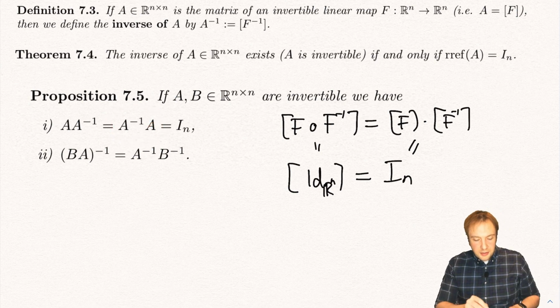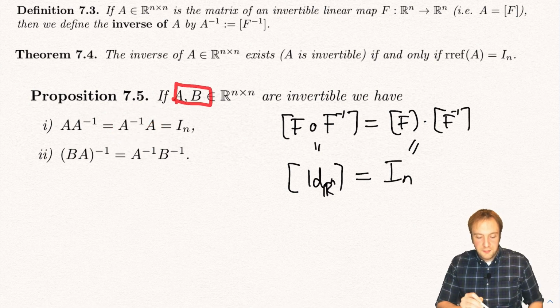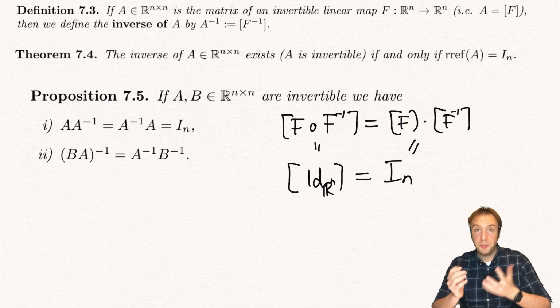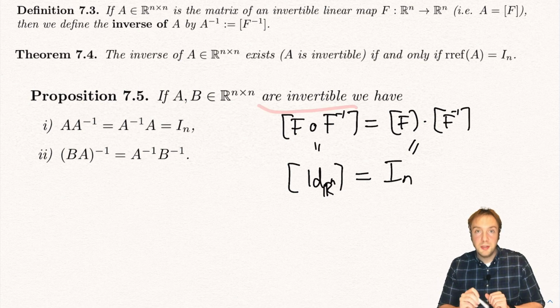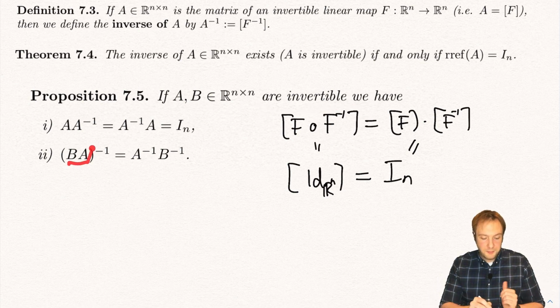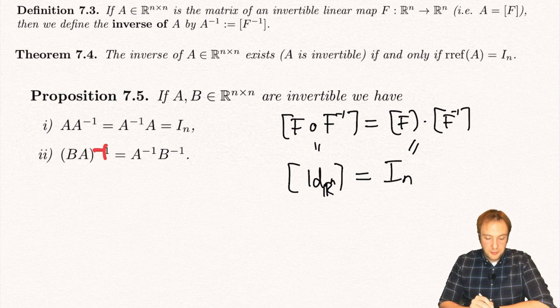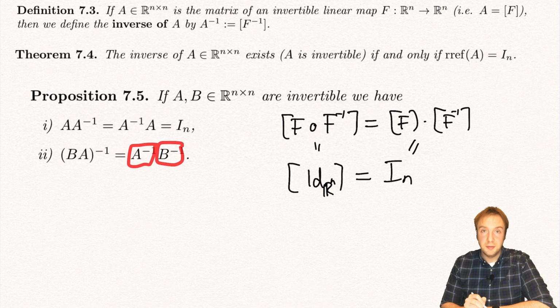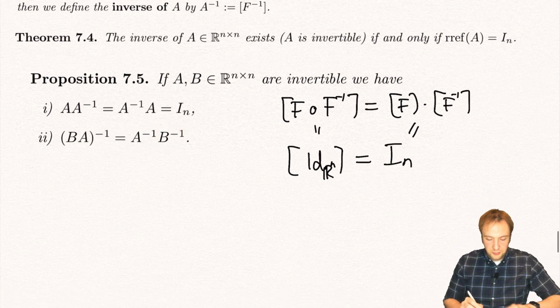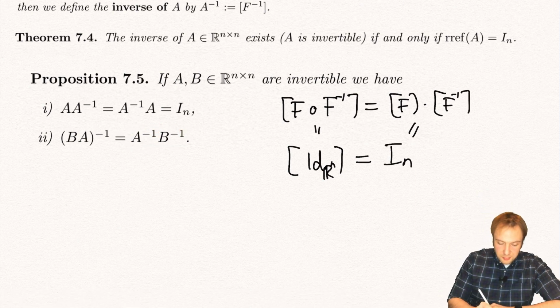And another statement is that if I have two n by n matrices, and they are both invertible, then if I multiply them, B times A, this product is also invertible, and the inverse of this product is exactly given by changing the order and taking the product of the inverses.